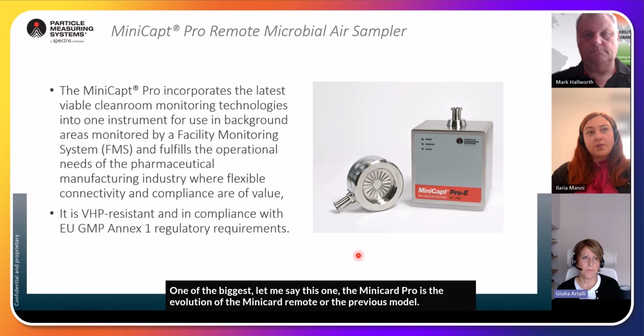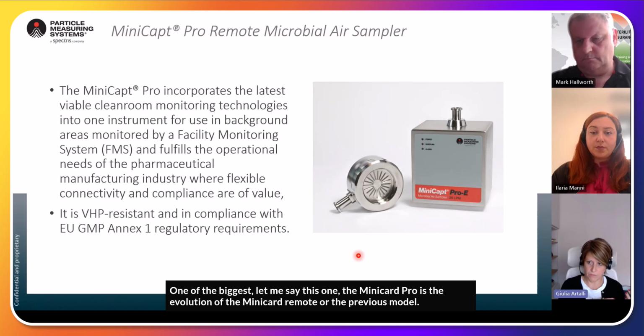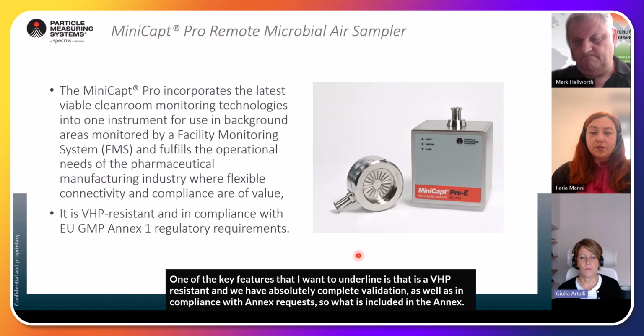The MiniCapt Pro is the evolution of the MiniCapt Remote, the previous model. One of the key features that I want to underline is that it is VHP resistant, and we have absolutely complete validation, in compliance with the Annex requests, so what is included in the Annex.